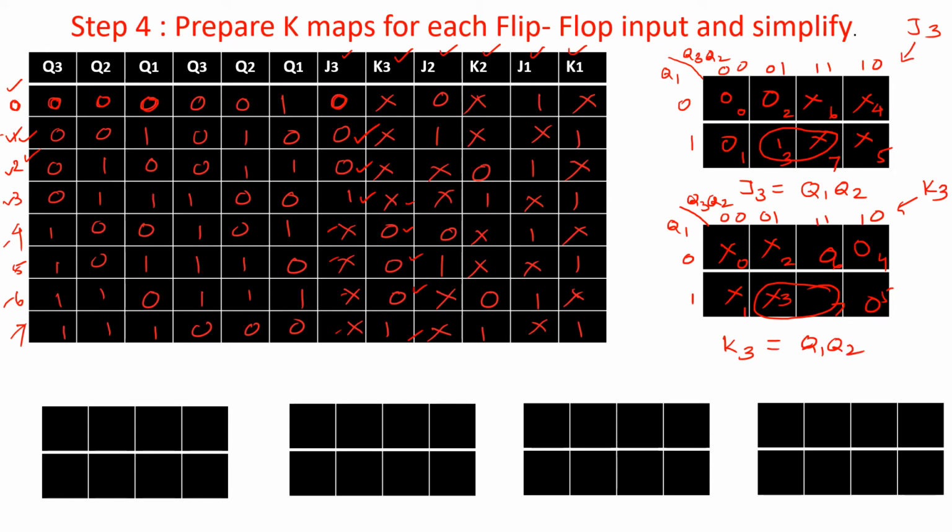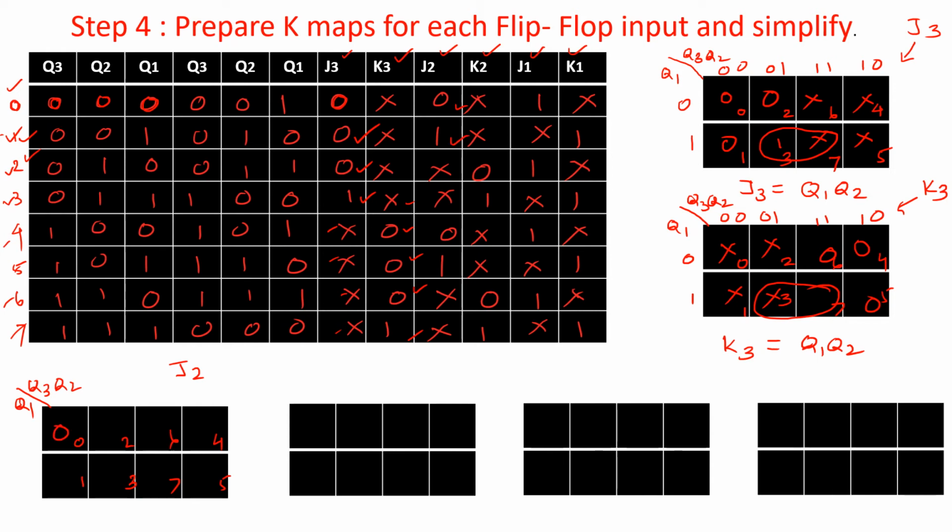Similarly, we can make a table for J2. This is Q3, Q2, this is Q1. Now you will get it. This is 0, 1, 2, 3, 4, 5, 6 and 7. We'll fill the columns for J2. This is 0 here.